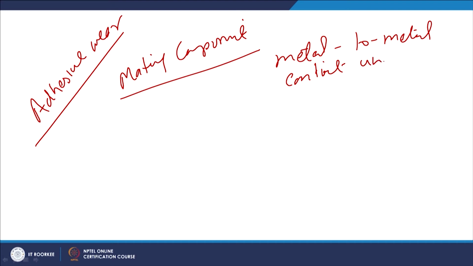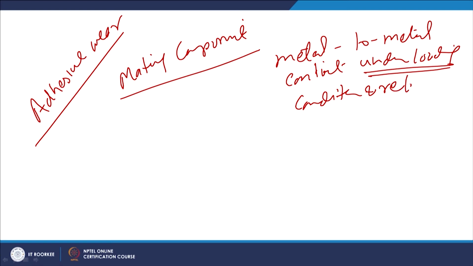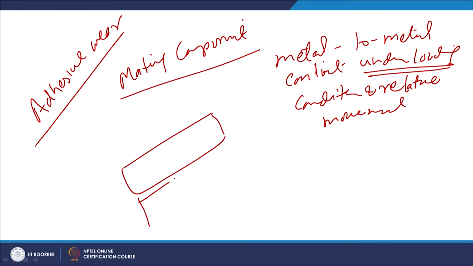Under the loading conditions, there has to be load and relative movement between them. One component is mating with another component, under some kind of load, and relative movement exists between the two.